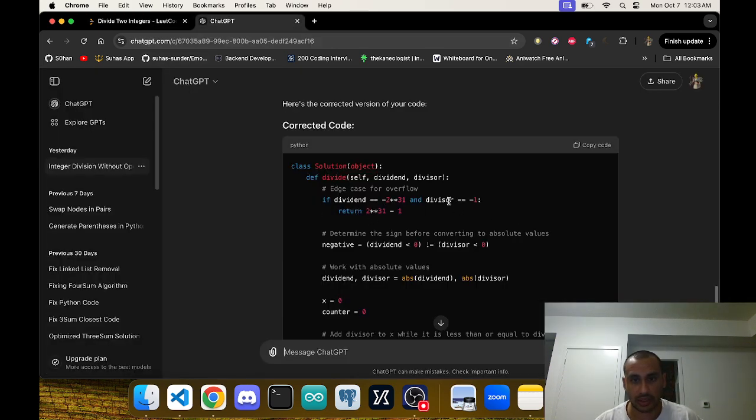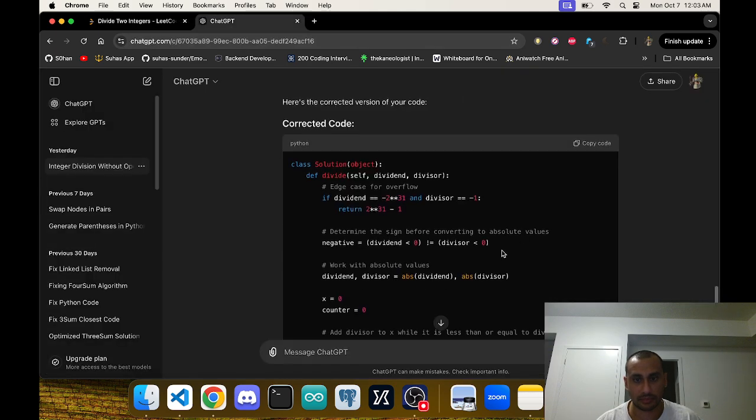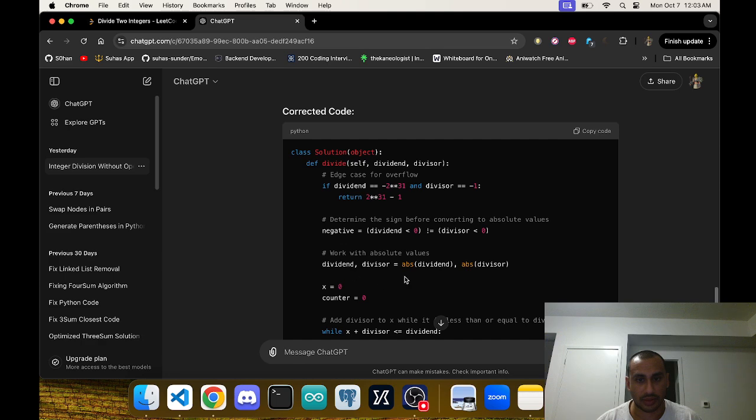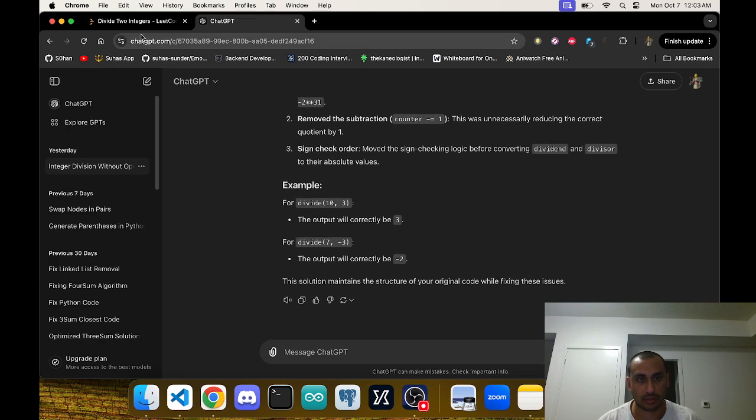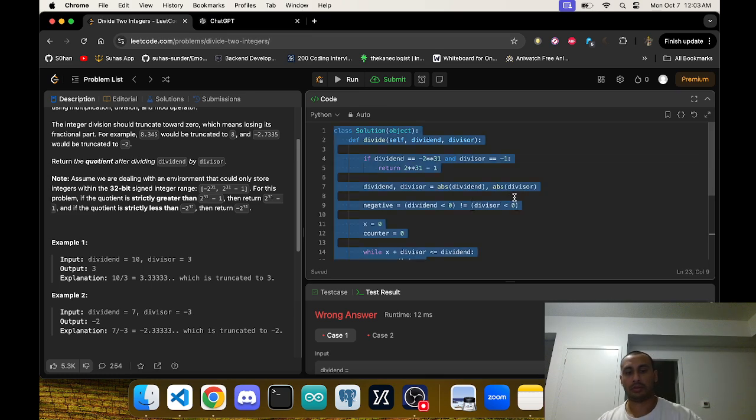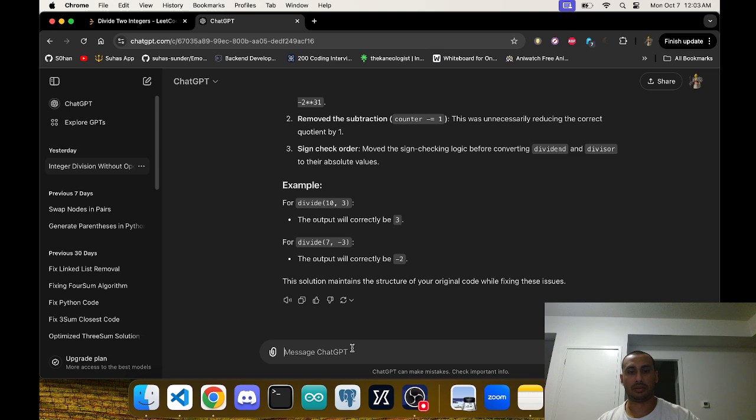Divisor is negative 1. Edge case for overflow. 2 to the 31 minus 1. Divisor, dividend. What am I missing now? Just show the lines I need to correct.